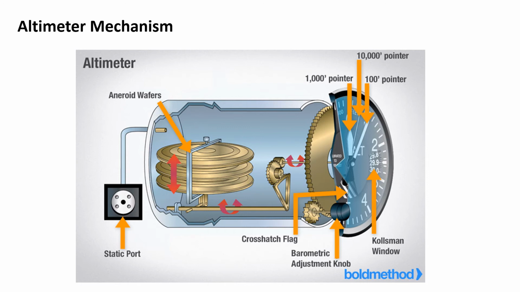Then we can see the three needles, the pointers, and also the Kollsman window. The static pressure goes into the chamber. If the pressure changes, the aneroid wafers will either be compressed or expand. That will change the needle location, indicating different altitudes.